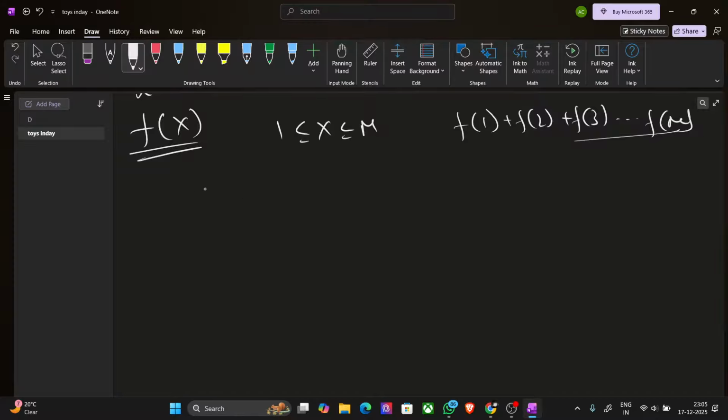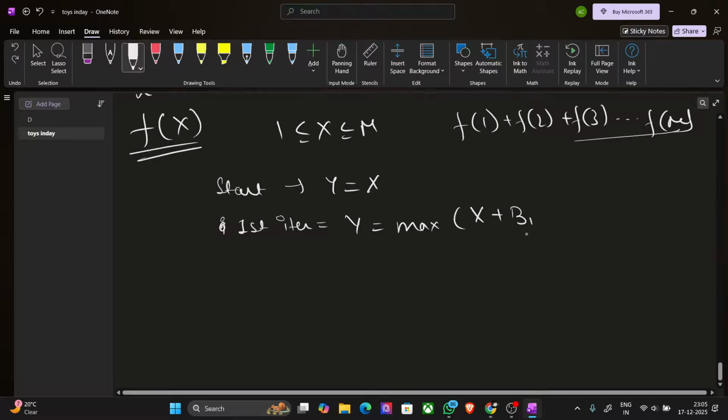Let's take the starting point. My start is y as x. Now in the first iteration, my y will be the maximum of x plus b1 comma a1, correct?